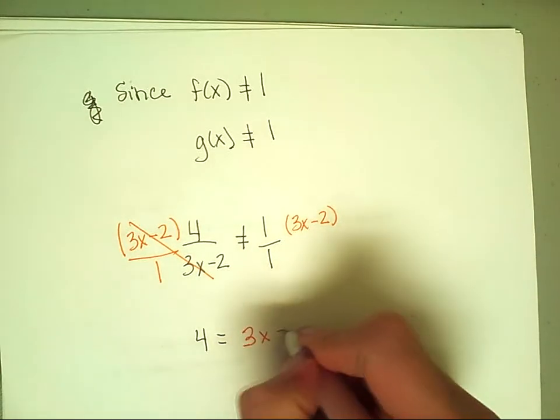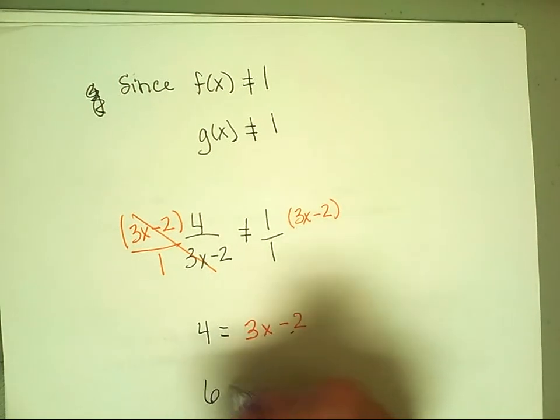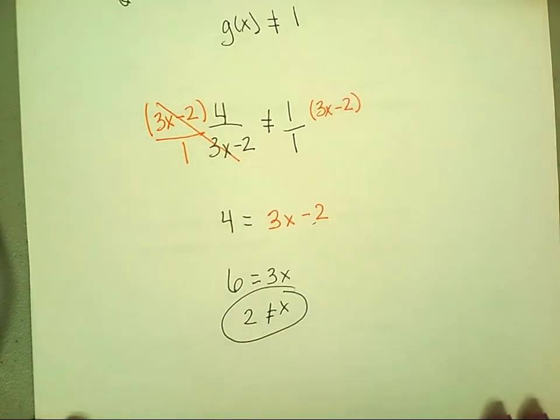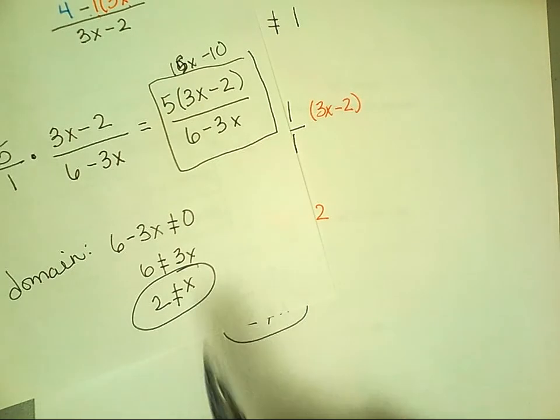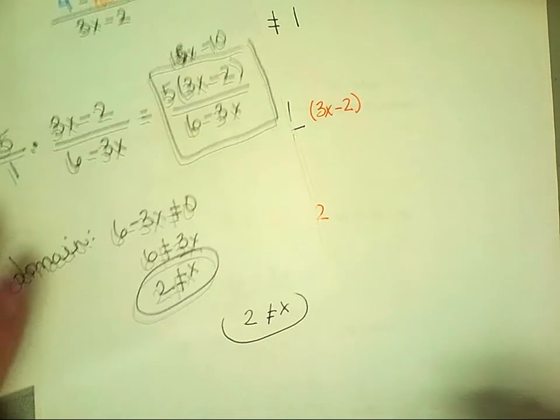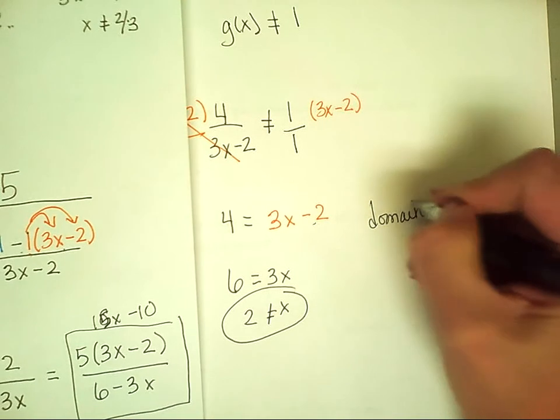Then on this side we'll have 4 is equal to 3x minus 2. Adding 2, we get 6 is equal to 3x. So x cannot equal 2, which was the same value as the domain that we found here. Okay, so we don't have to exclude a third value.